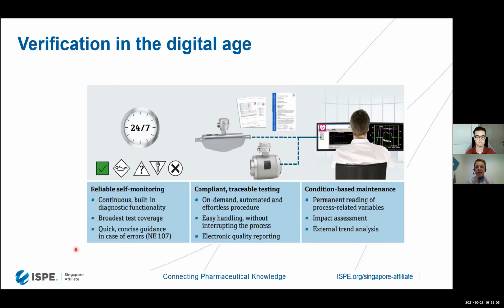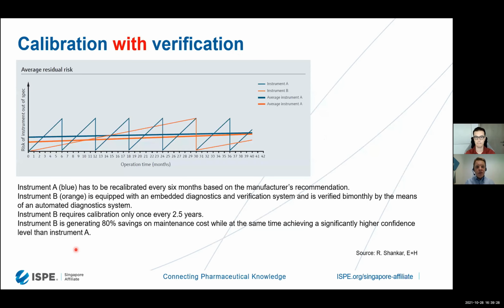Calibration would involve disconnecting from the loop, and if it is a laboratory calibration, you have to send the device to a laboratory. But in the case of verification, it can be done in parallel with the existing process. So in that case, probably one more slide, which will illustrate the difference.